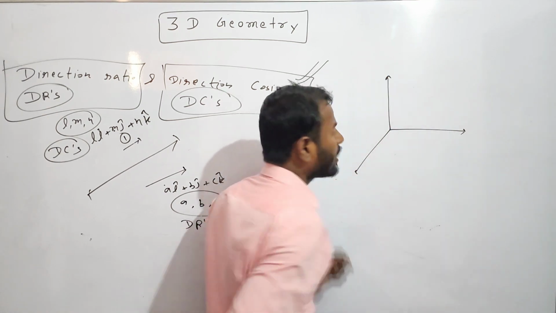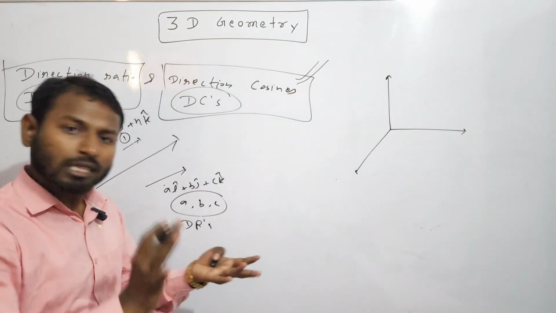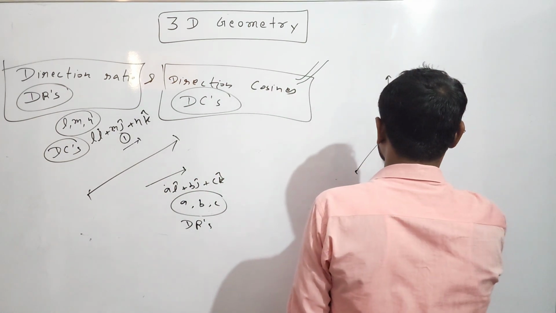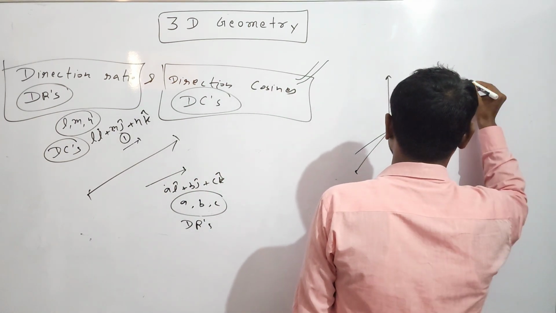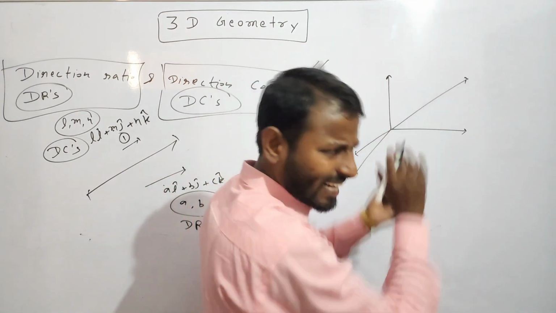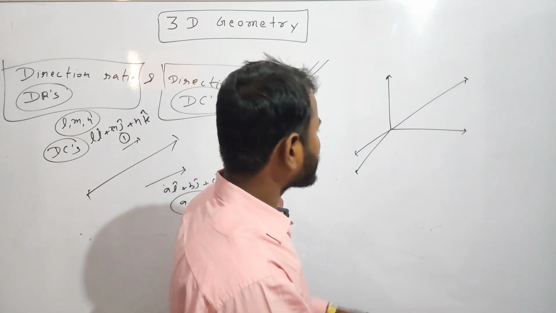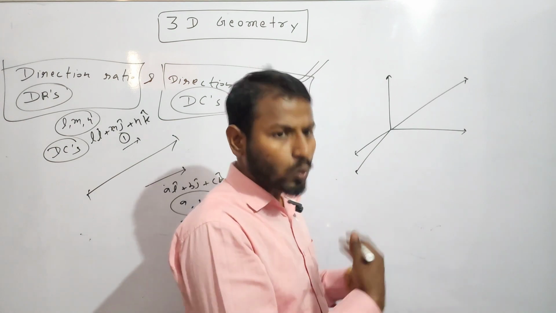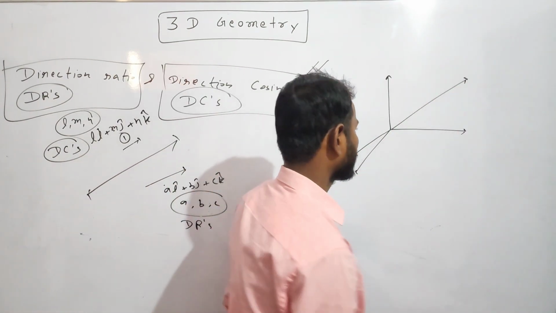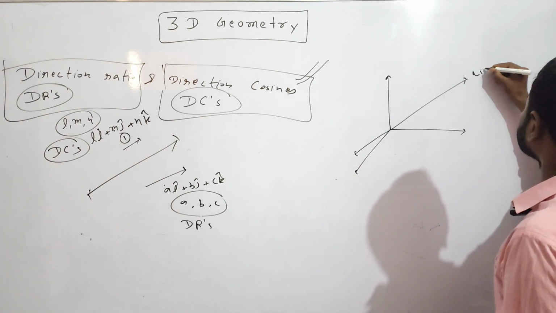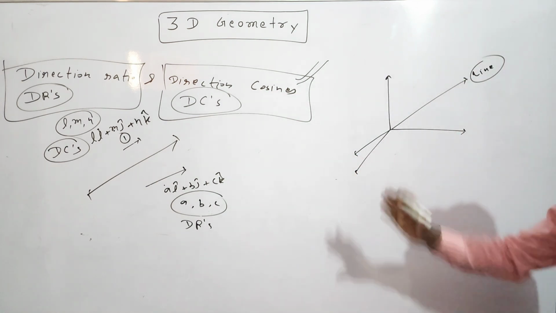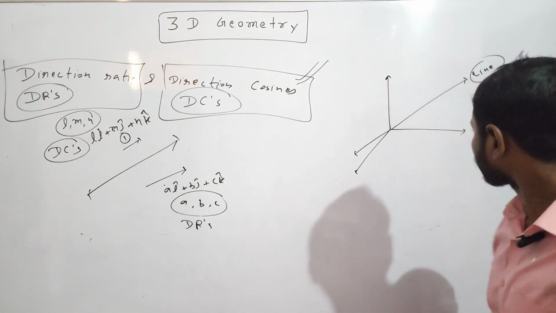Let's say we have a line in 3D passing through the origin. You can take any line, but if it passes through the origin, it's easier to make you understand. That's why I take a line from the origin. So this is a line. We try to understand the direction cosine of a line.